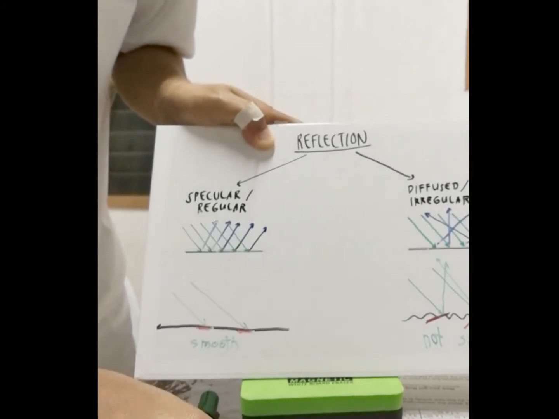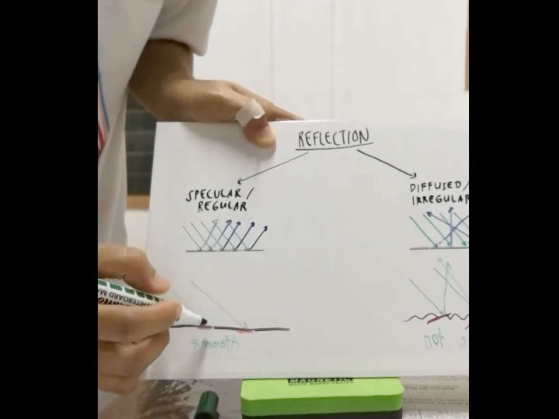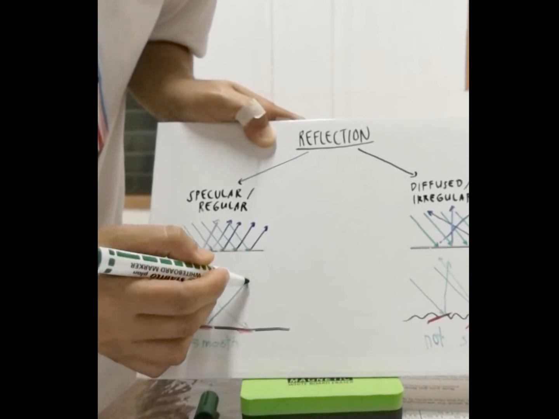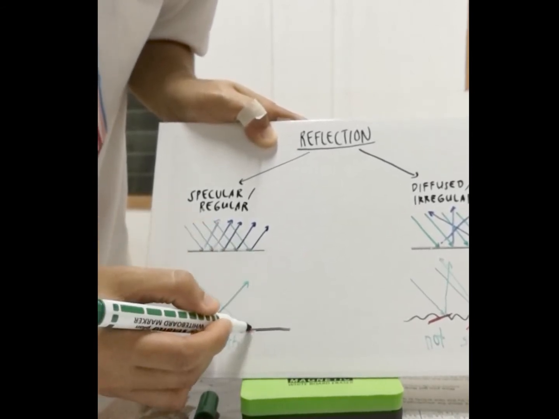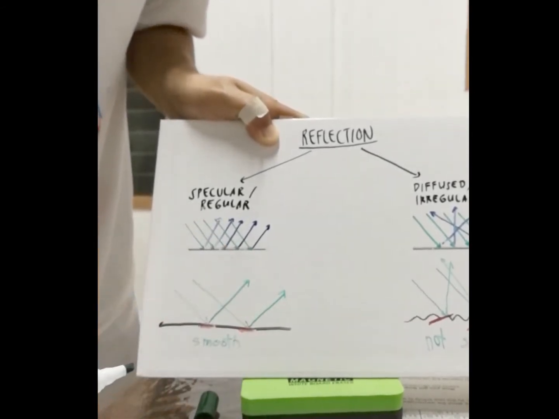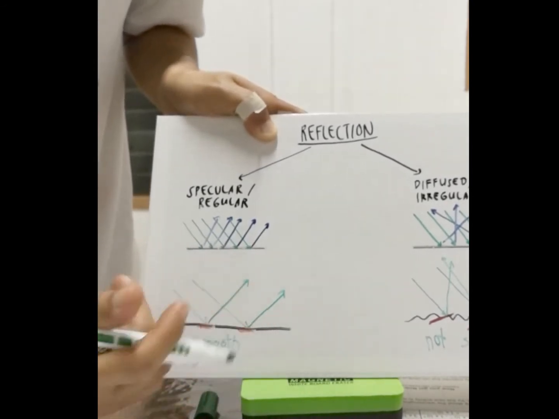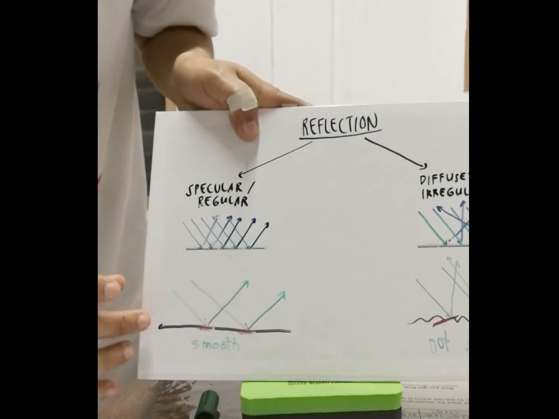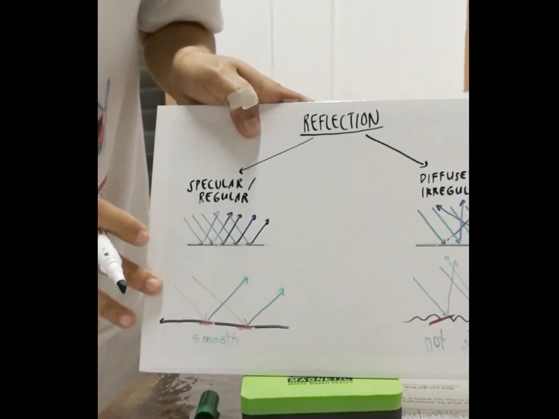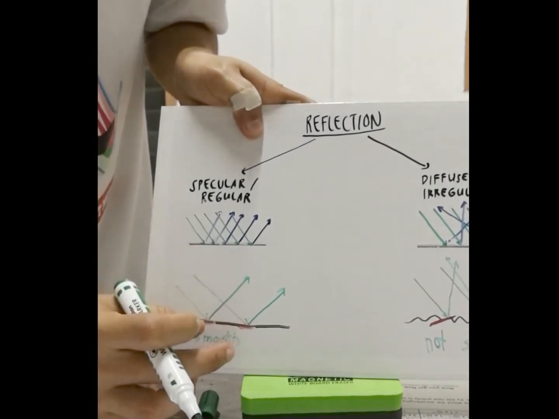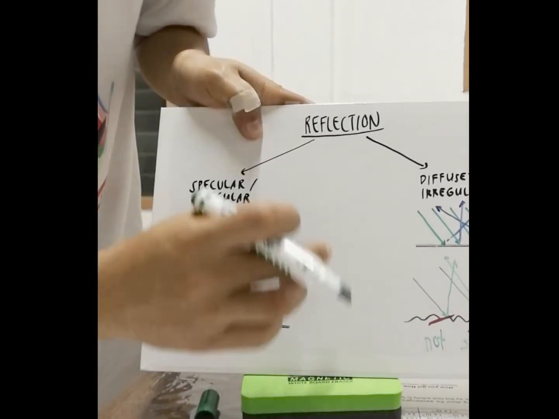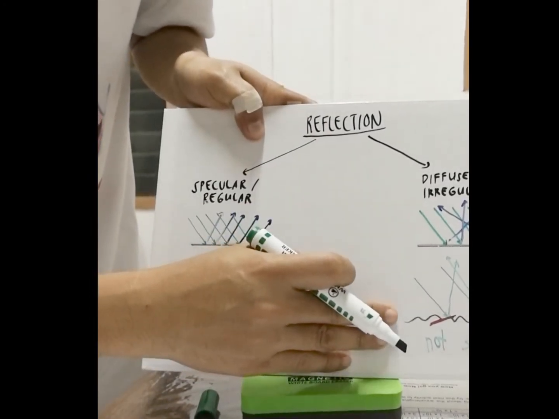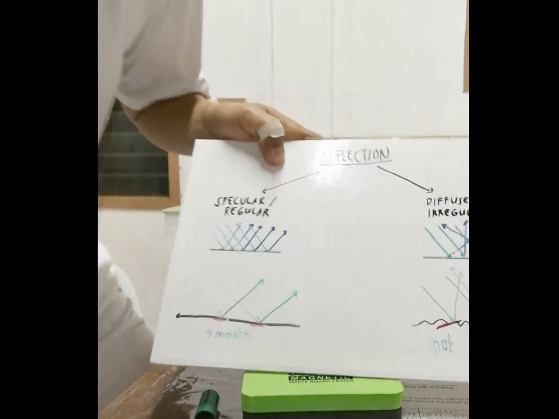And obviously, when you follow the law of reflection, this one is going to be reflected that way, this one is also going to be reflected that way. And hence, from our macroscopic view, the light rays are seen to be reflected regularly, while in diffused reflection it's not.